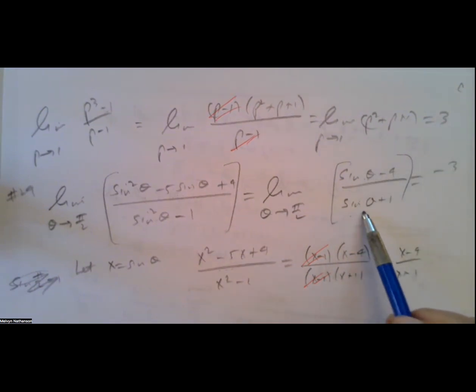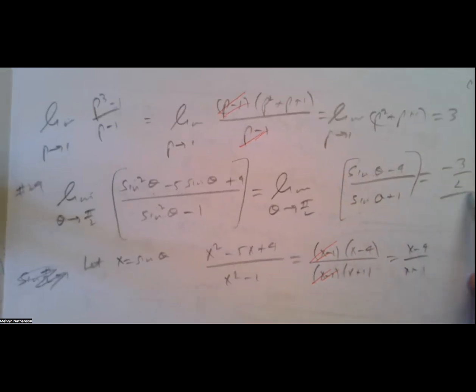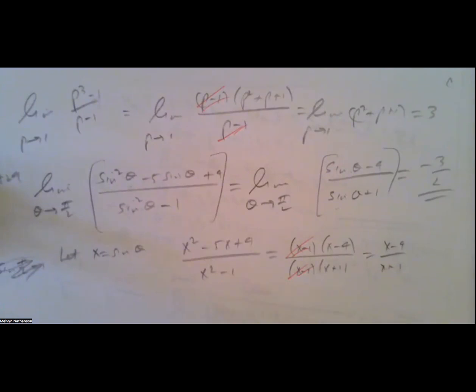And the denominator, sine theta goes to 1, 1 plus 1 is 2. So this limit is minus 3/2. Okay.